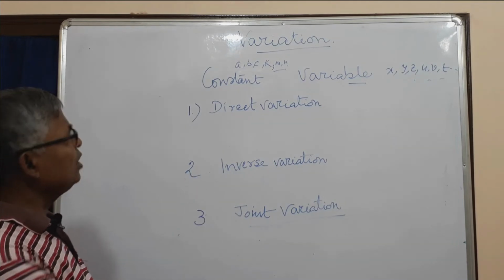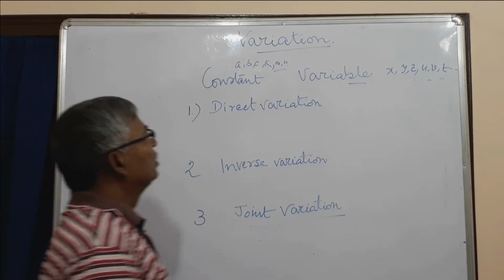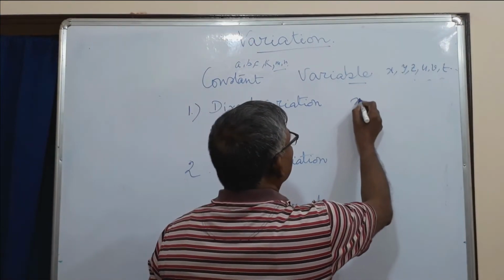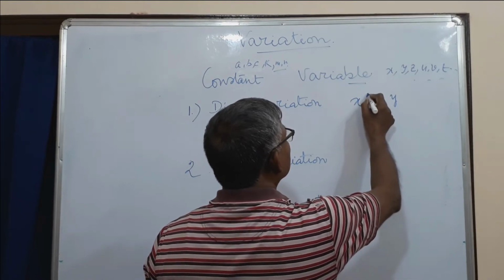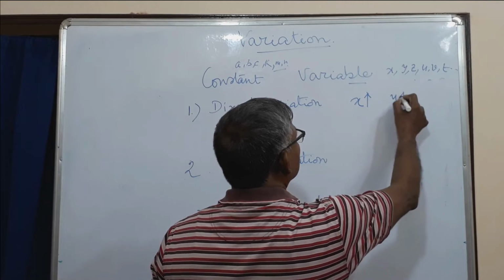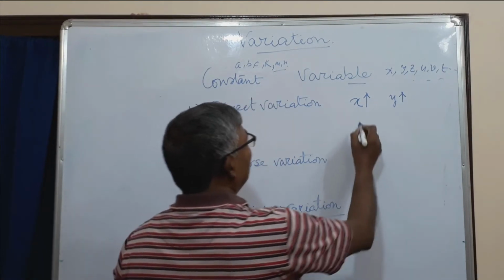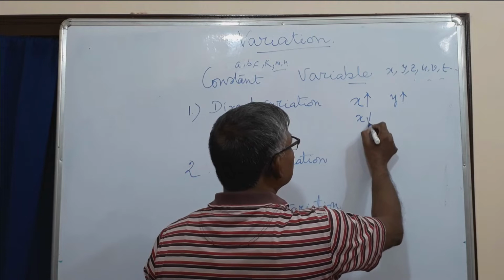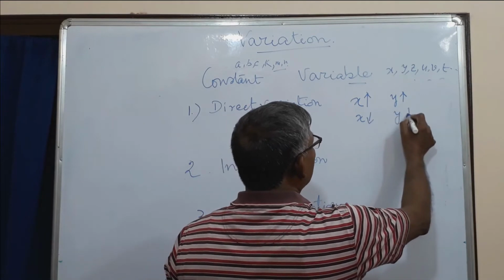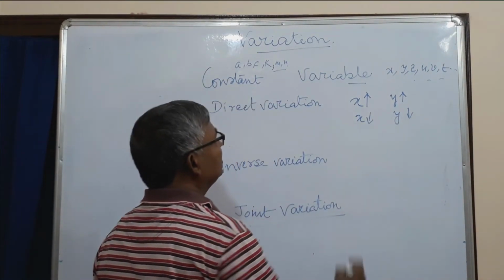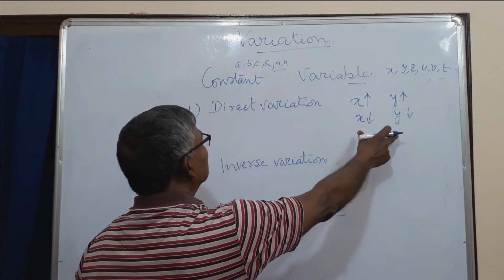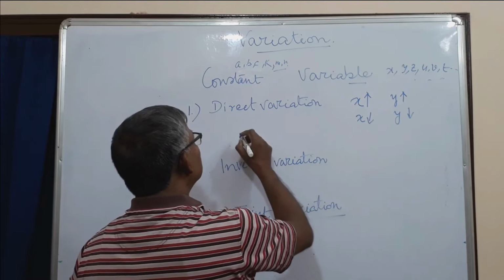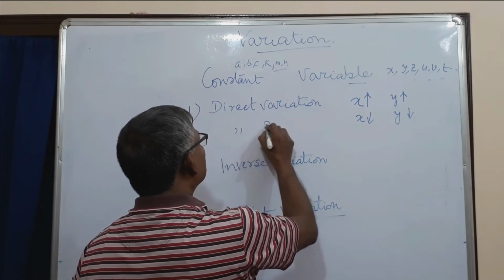In direct variation, when X increases, Y also increases, or when X decreases, the value of Y also decreases. Then it is called directly related, or it is also called direct proportion.